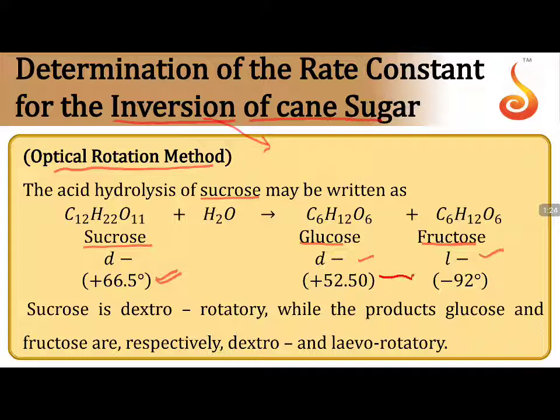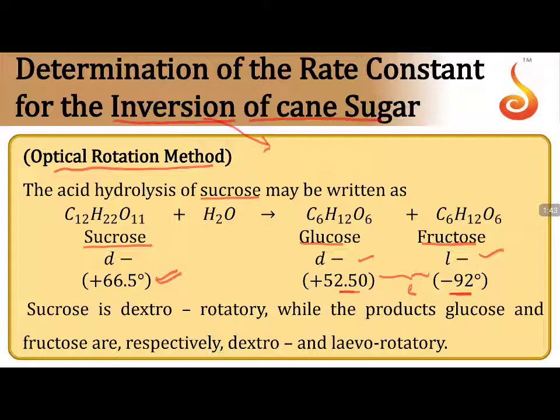The sum of these two is dominated by a levorotatory substance of minus 92 crossing over 52.5. You can see a slight decrease in the overall rotation of the plane polarized light from 66.5 to less than 66.5 and slowly moving towards zero.